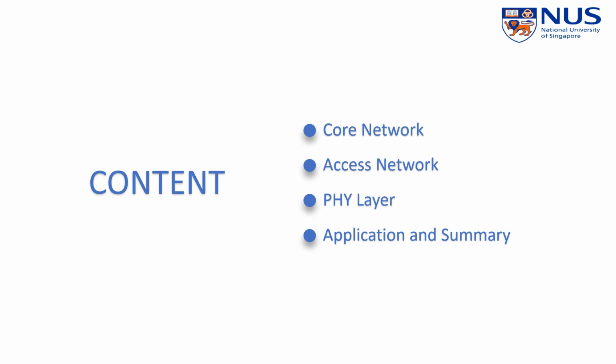This report focuses on a more detailed introduction of the physical layer of the access network, listing the multiple access technologies, coding technologies, and modulation technologies used in the physical layer of 5G access network. Finally, it will introduce the application of 5G technology in today's society and its impact on the future.